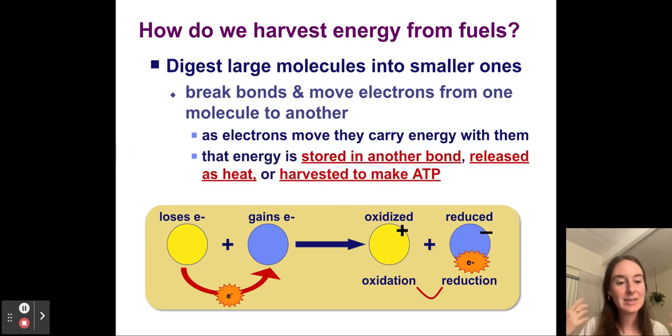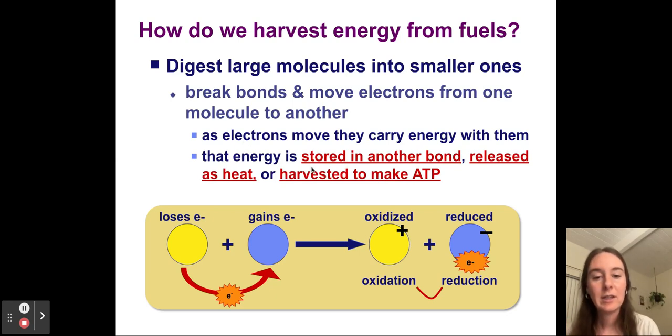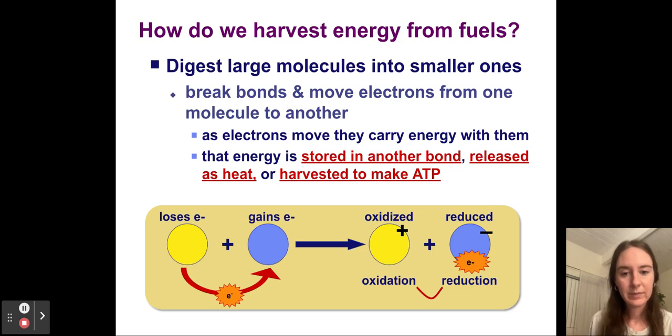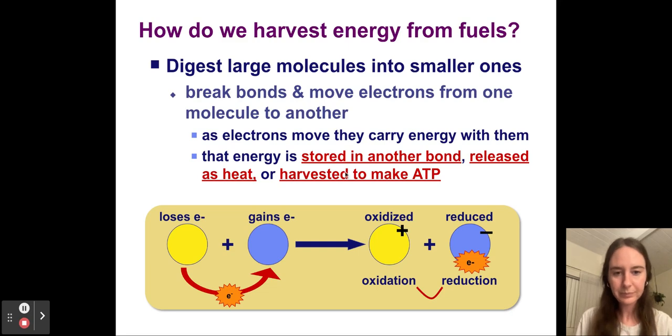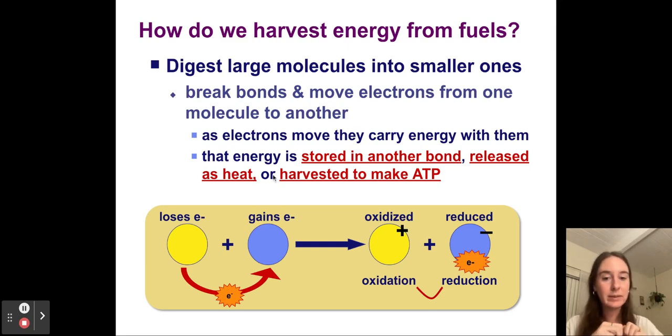Remember, an electron is a negatively charged particle. Now, that energy can either be stored in a new bond. You can take that electron and create a new bond, right? Remember, a covalent bond is a sharing of electrons. So that electron can go and create a new bond, or that electron can go off and be released as heat, or that electron can be used and harvested to make ATP.